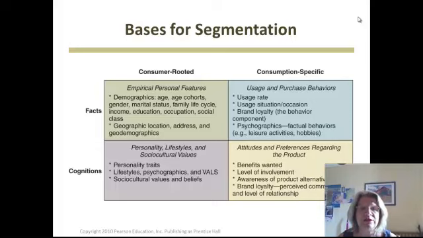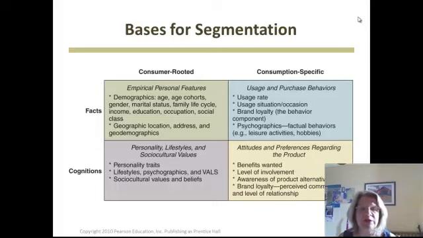And cognitions, consumer-rooted cognitions such as personality traits, lifestyles, psychographics, sociocultural values and beliefs.